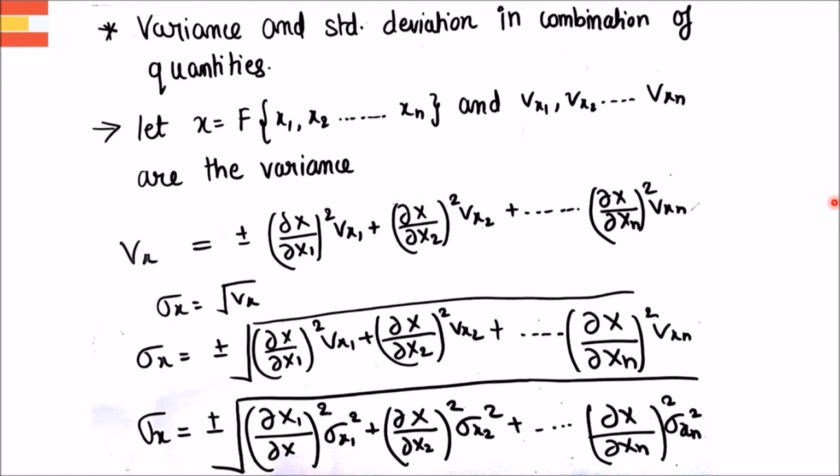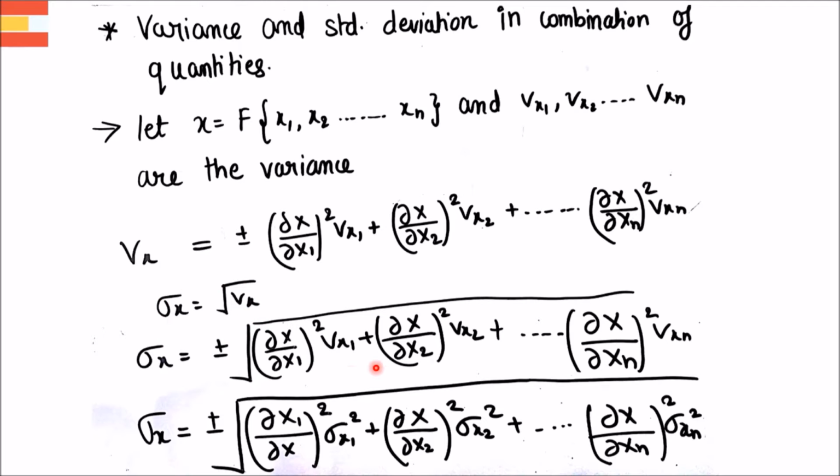If you wish to find the resultant variance, we use this formula. We take the partial derivative of x with respect to x1, square it and multiply it with the respective variance, and sum up like this up to n. If we wish to find the standard deviation, we take the root.